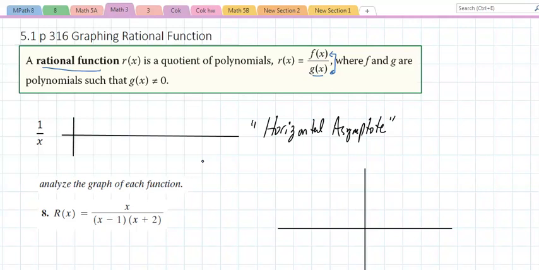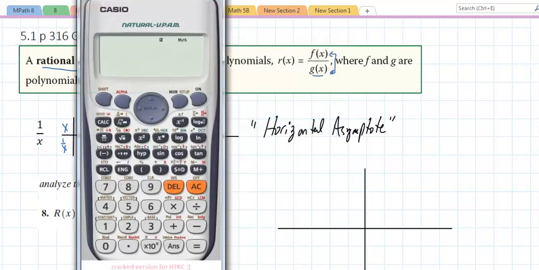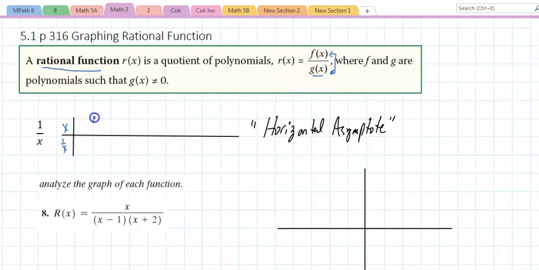Now, I want to take 1 over x and choose values for x. I'm going to get my calculator out and figure out what these values are. I want to choose x equal 10, then 100, then 1,000, then 10,000. So I want to make x grow.